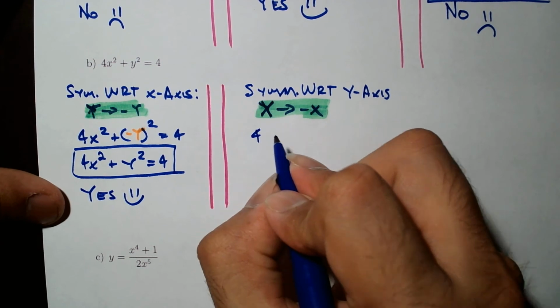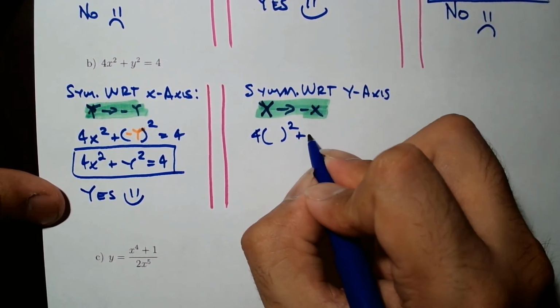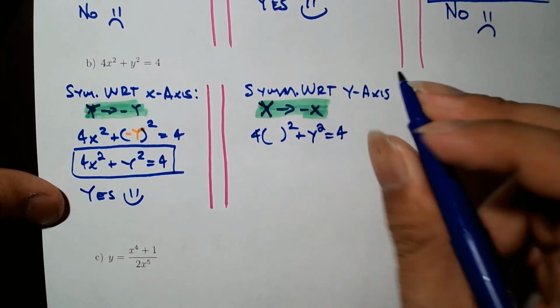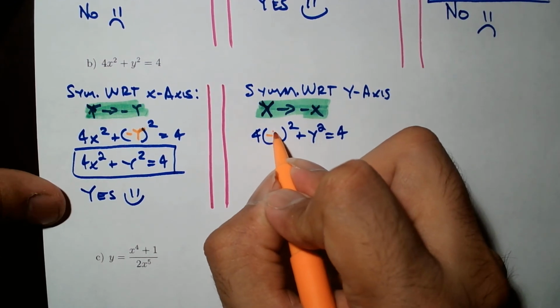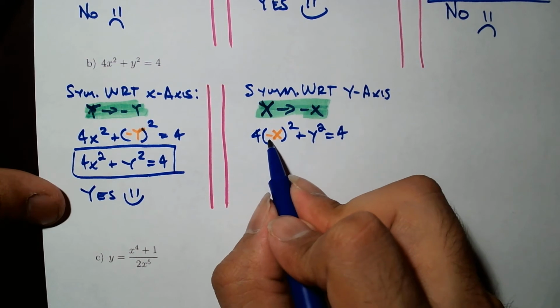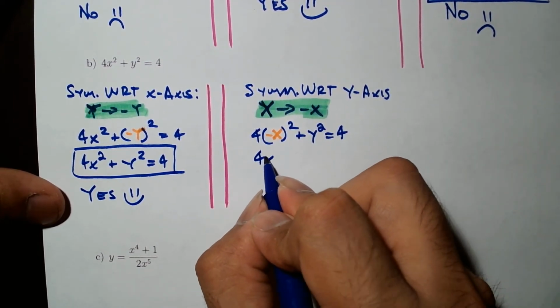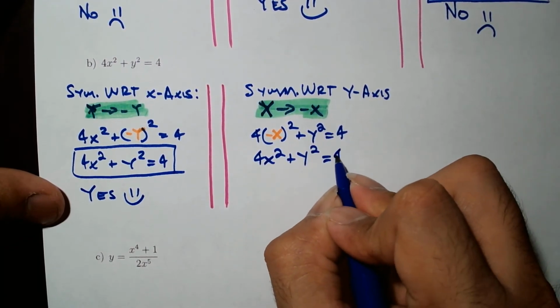So 4 times quantity squared plus y squared negative x. So negative x quantity squared, in this case, is going to give us again 4x squared plus y squared equals to 4.